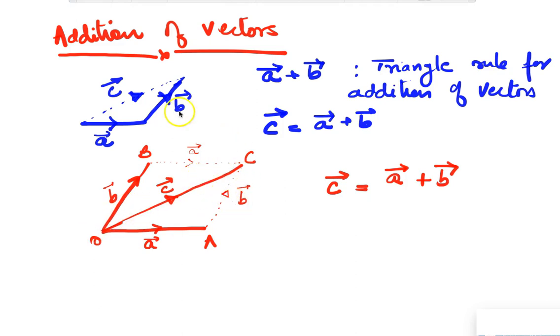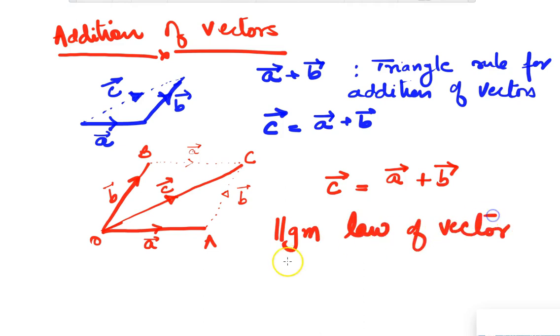So this is what is called the parallelogram law of vector addition. So if you have two sides of a parallelogram, then the diagonal of the parallelogram is the sum of the vectors of its sides.